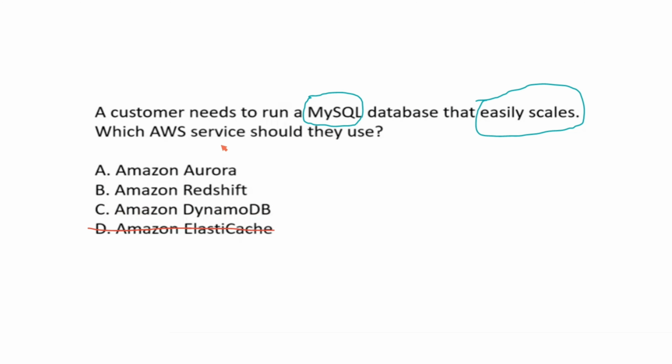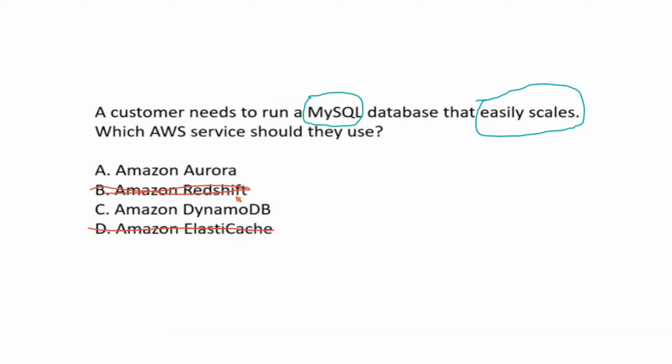Now we are left with only three options, that is Amazon Aurora, Redshift, and DynamoDB. As I told you, scalability is a property of Aurora and DynamoDB, and hence Redshift is also eliminated because it has nothing to do with scalability. Now we are left with two options only, Aurora and DynamoDB. Both are capable of scaling, so we will see the second keyword, that is MySQL database.